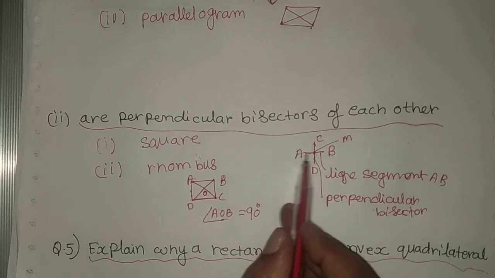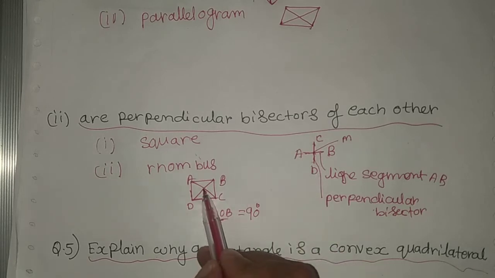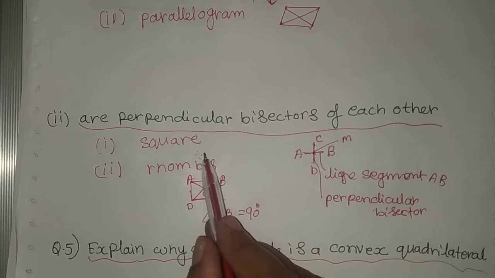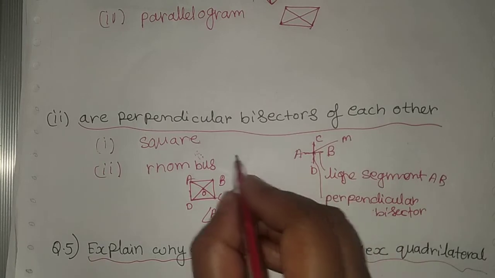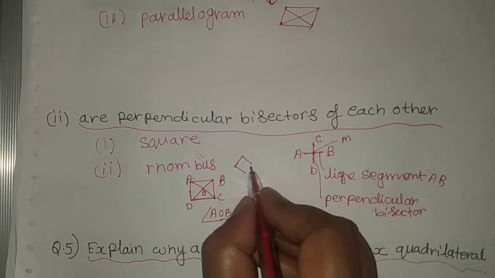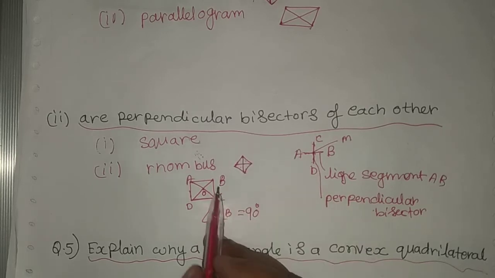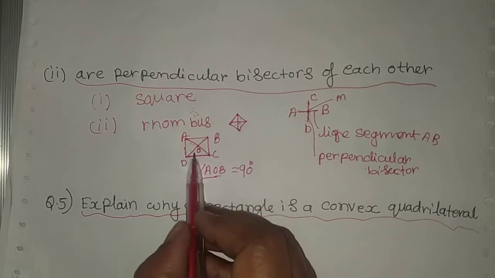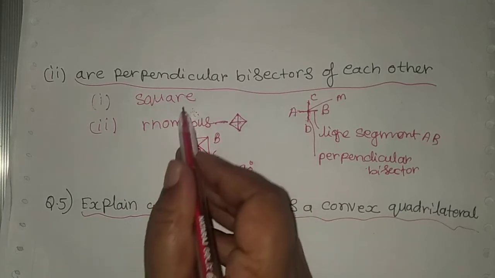As I explained, this is a line segment and this is the perpendicular bisector which meets at the midpoint M. So this condition comes only in the square and rhombus. The two diagonals make four equal parts, dividing the quadrilateral into four parts.